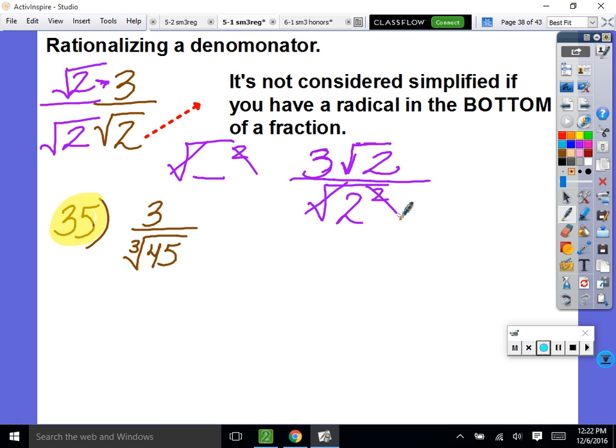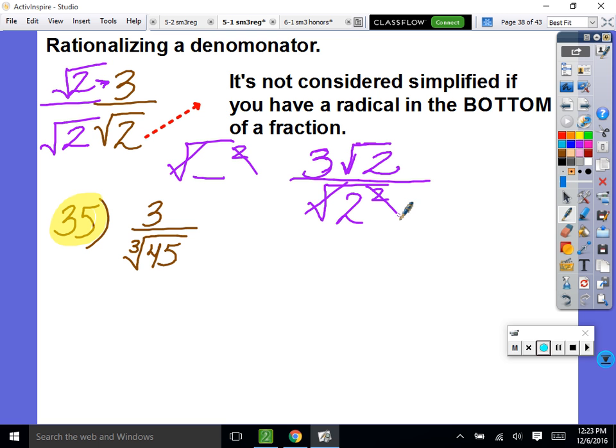So look at 35 on the worksheet. Notice this is 45. We're going to want to rationalize this the smallest way possible so we don't have to do a lot of simplification. If you go about this the wrong way, you're going to have a nightmare of simplification. So let me suggest something. Let's rewrite 45 as its prime factors.